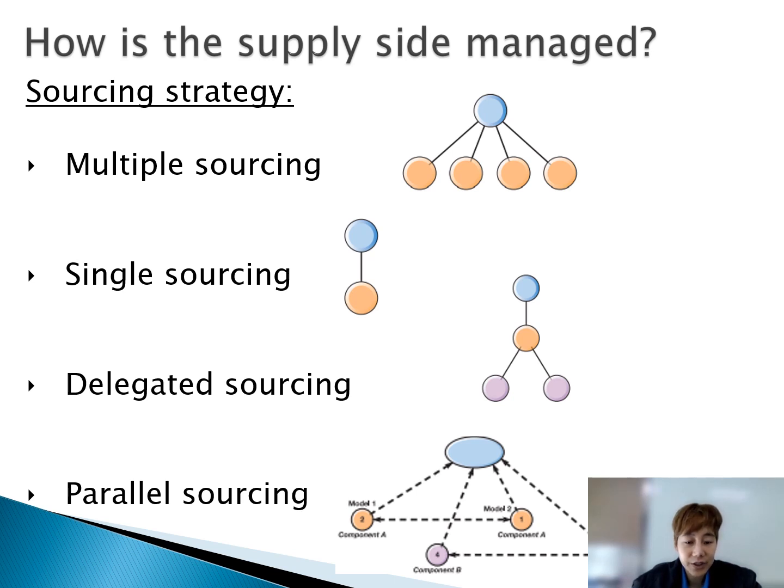And the last one is parallel sourcing. This time I also outsource to company A and B, and company A may outsource to company C itself, something like that. It's also parallel sourcing.